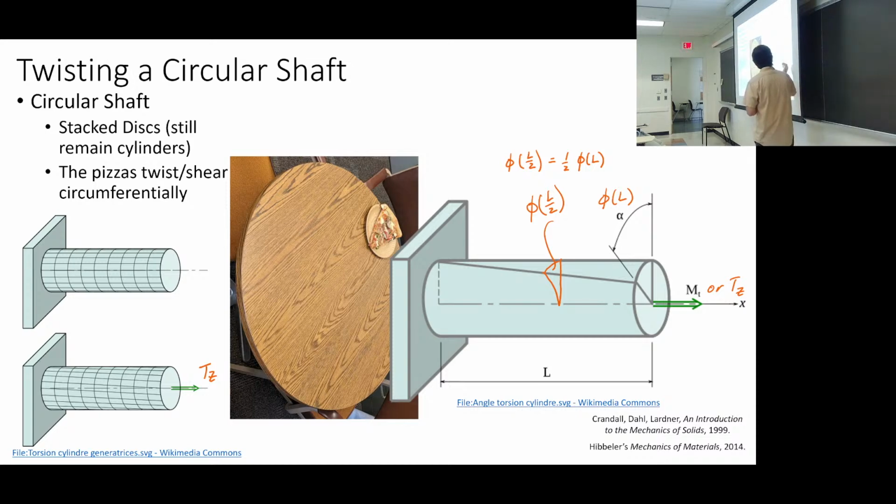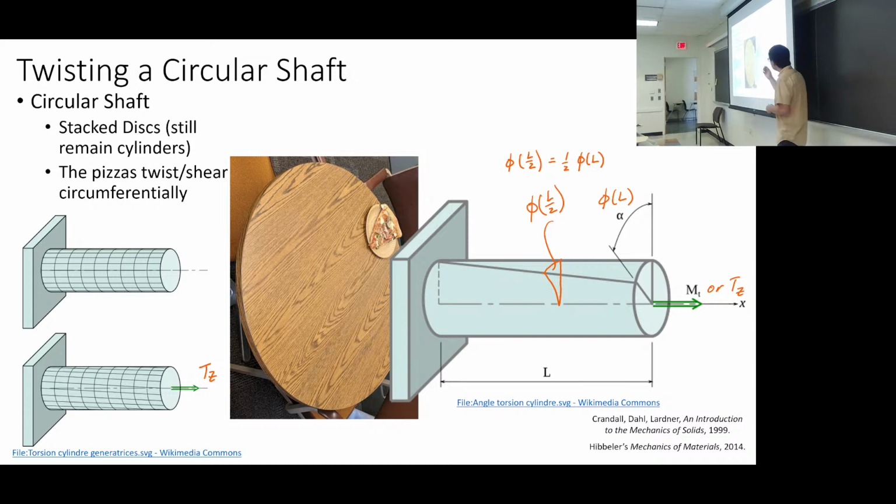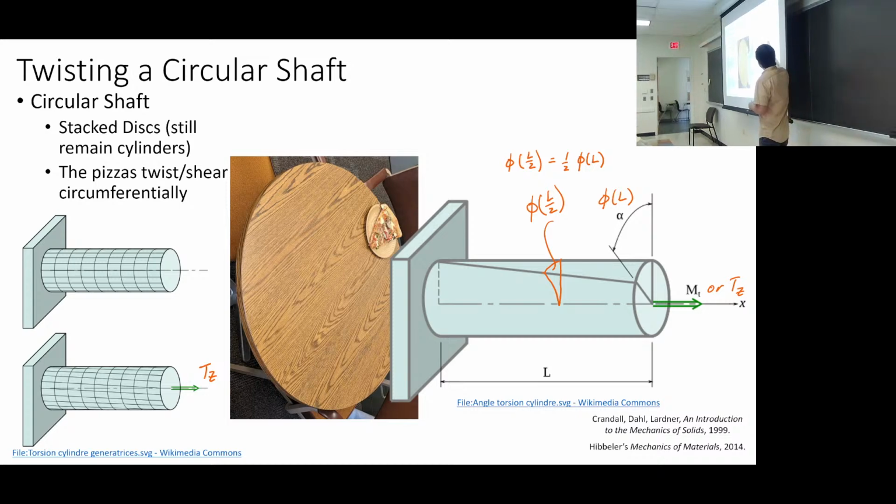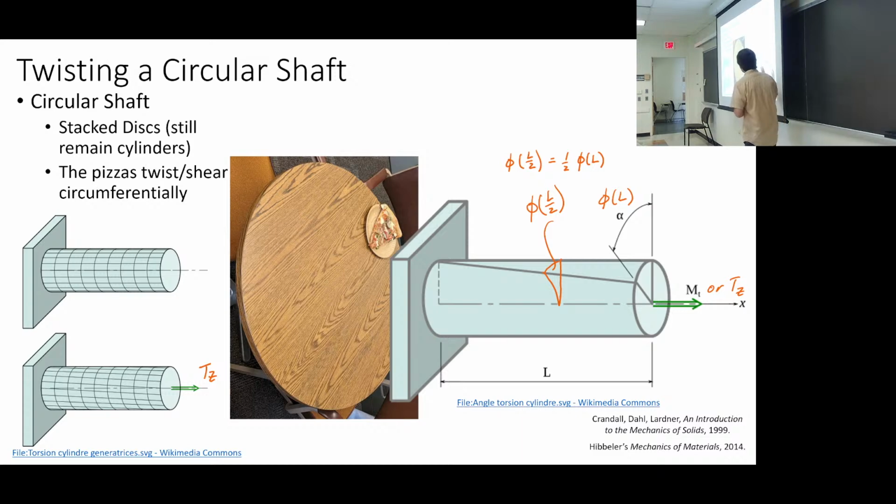If I apply a moment, so this moment is coming out of the face X, right hand roll, it's twisting it this way, which means that the longer this bar is, the longer the shaft is, the more rotation you're going to have for a given amount of torque. Does that make sense?